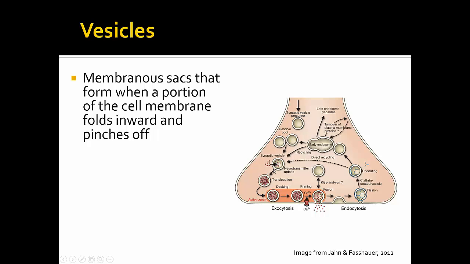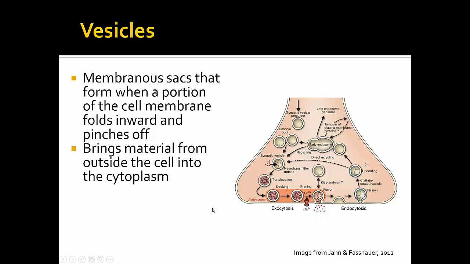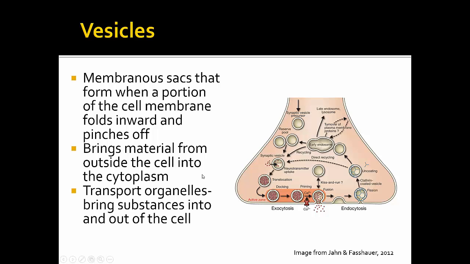These vesicles show exocytosis. They're coming down to the edge of the cell membrane, docking or fusing with it, and releasing substances to the outside. So vesicles bring material from outside the cell into the cytoplasm, and they're transport organelles. They bring substances into and out of the cell and move them around the cell.